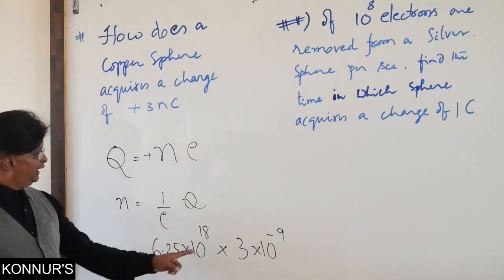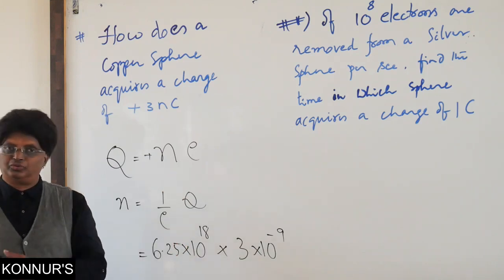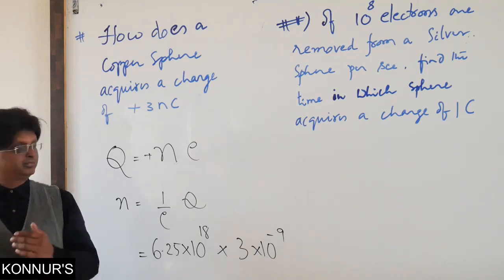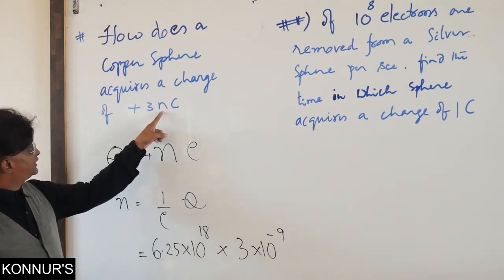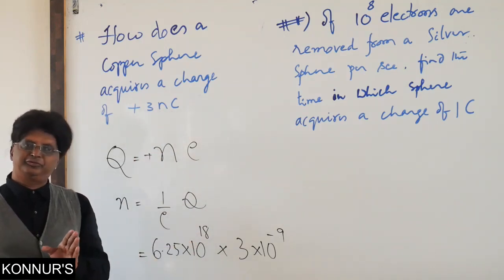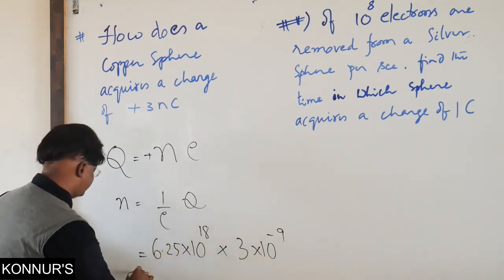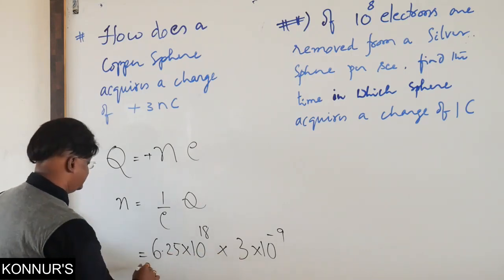When you substitute here, generally students do an oversight, maybe out of recklessness or ignorance. They forget this submultiple, and I am again telling you, whenever you are doing any magnitudes, be careful about multiples and submultiples. So 3 into 10 raised minus 9, 6 3s 18, 25 3s 75.